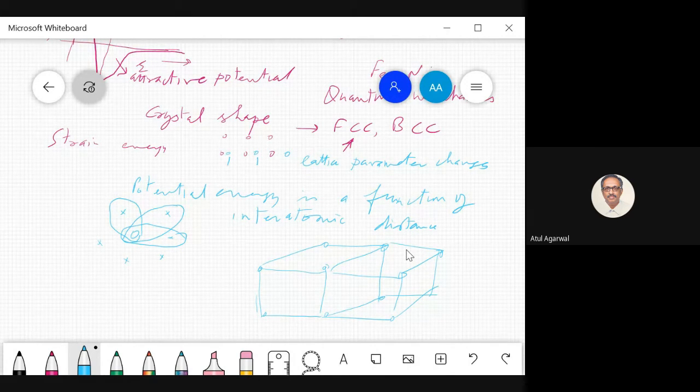How do you find the energy of each atom? See, it is interacting with so many fellows. You find their interaction energy. Each of them you take and find their interaction.